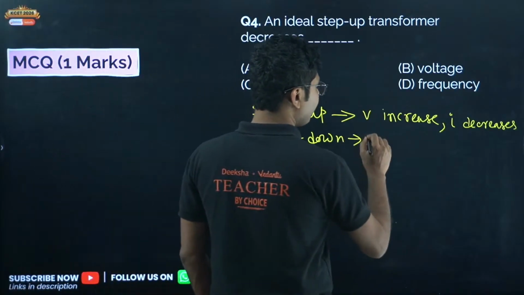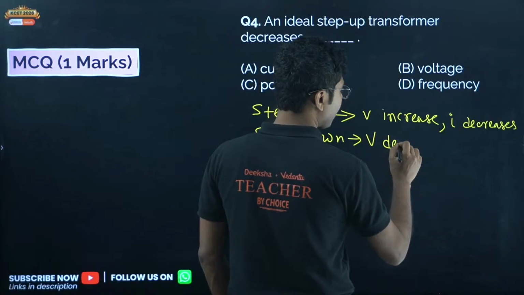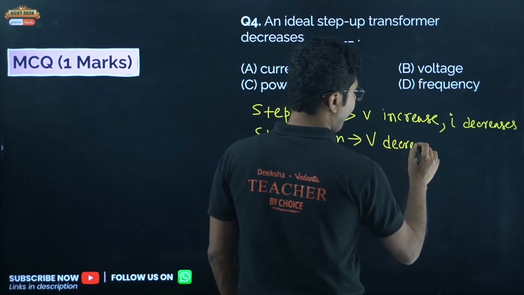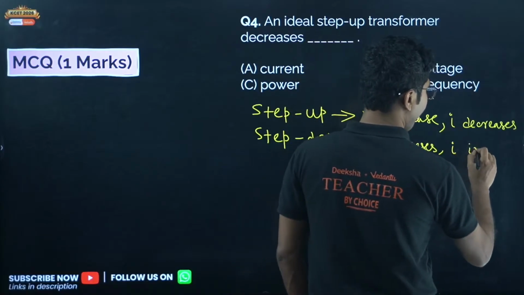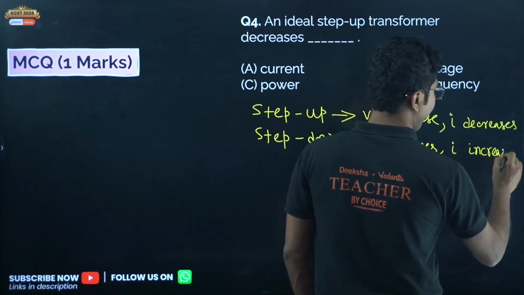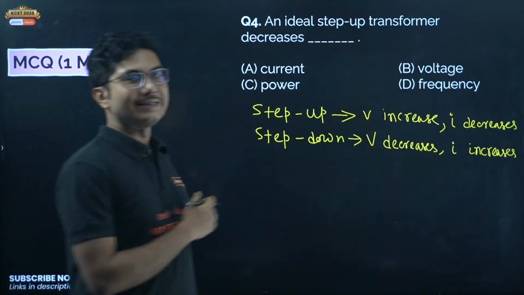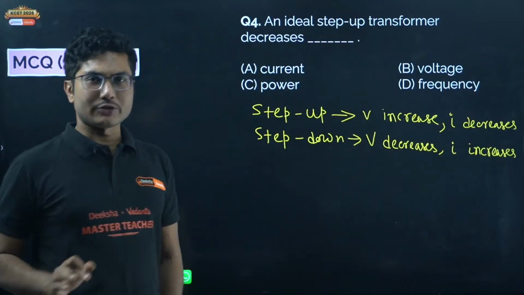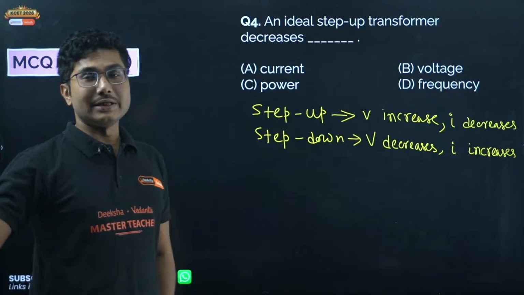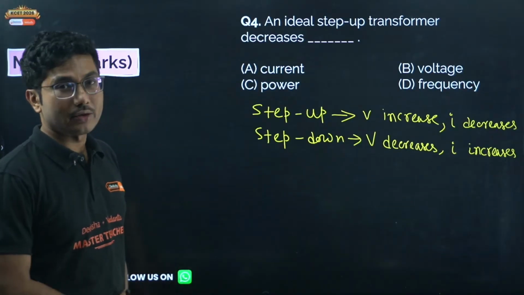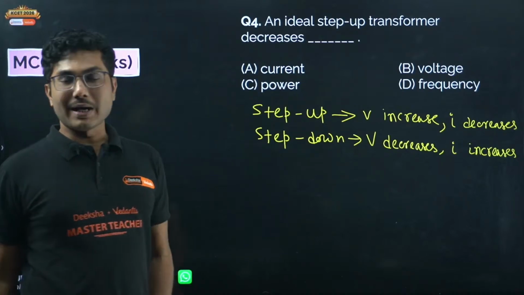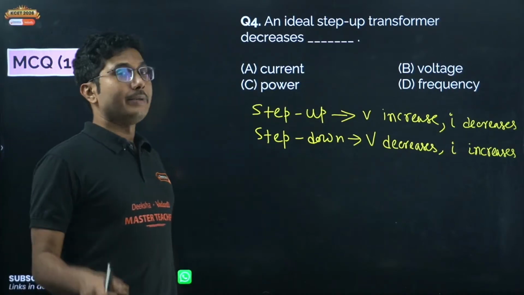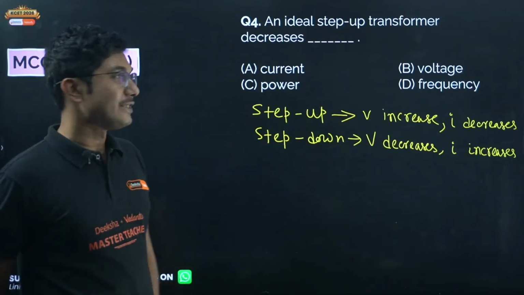Step down means voltage is decreased and current increases. So if you remember these two easy facts, then all problems you can solve. There are some relationships related to number of turns, etc., but we do not want to go into that part, at least for boards. Based on that we will get questions in KCET.